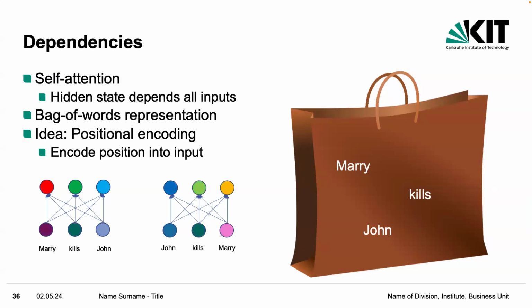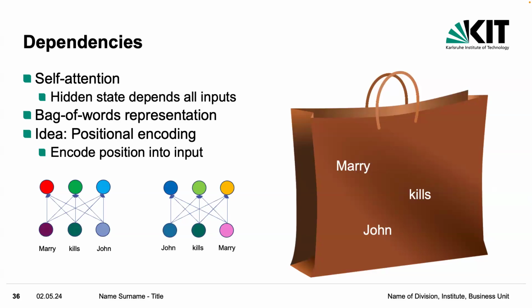The idea is, if we can't do it in our network, just encode the information before. If Mary kills John and John kills Mary is already a different type of representation, then of course this information doesn't get lost and we keep it. So the idea is that our input not only encodes that this is the word Mary, but that this is the word Mary at position 1, and this is the word kills at position 2, and this is the word John at position 3, and here we have the same but with different positions.